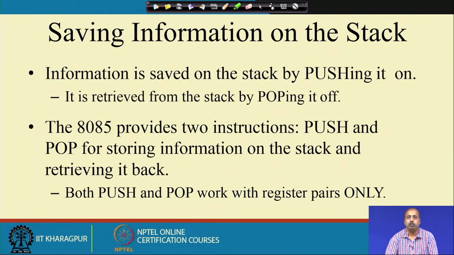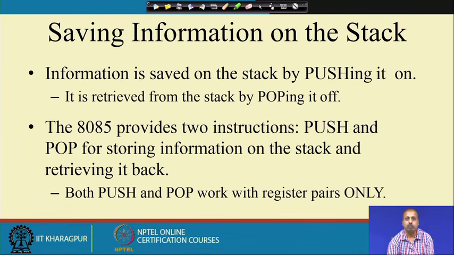So, push and pop are the two operations for writing to and reading from the stack. 8085 provides two instructions similarly, push and pop. If you look at the stack as a data structure, you will find that it defines two operations, push and pop, and similarly here also we have push and pop as two instructions in the 8085 processor.